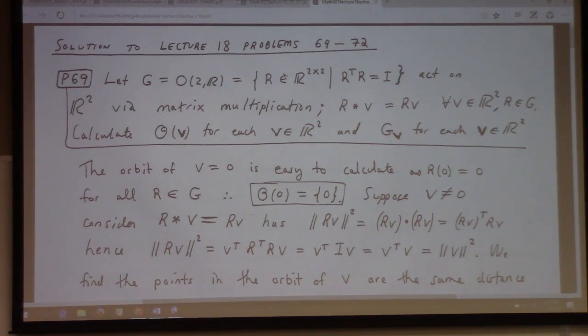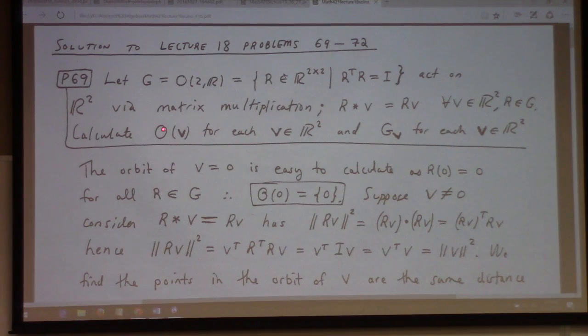If you calculate the determinant of this, you get plus or minus 1. The ones with determinant 1 are rotations. The ones with determinant minus 1 turn out to be reflections. It's rotations, reflections, products thereof. That's what orthogonal transformations are.